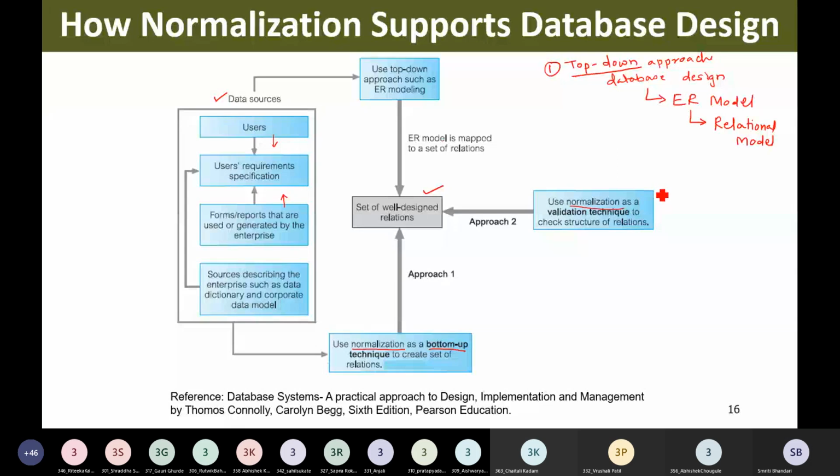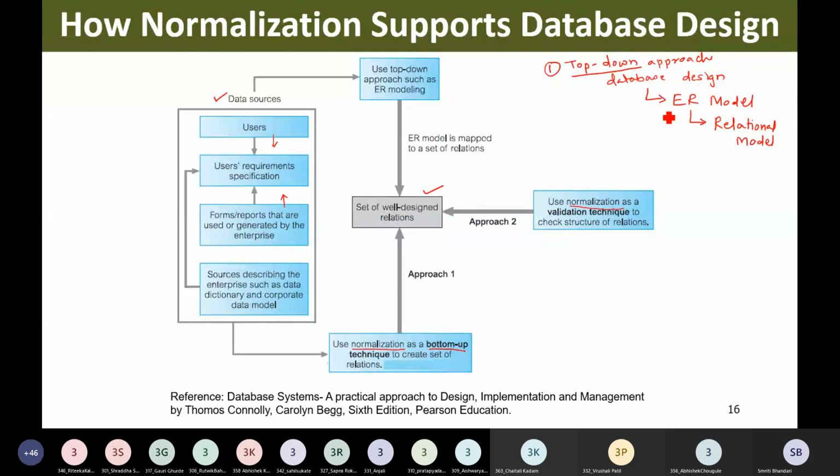The role of normalization here is to validate our relations. So even though we are using the top-down approach, we may apply normalization techniques to check whether the set of relations we have created has a good design.